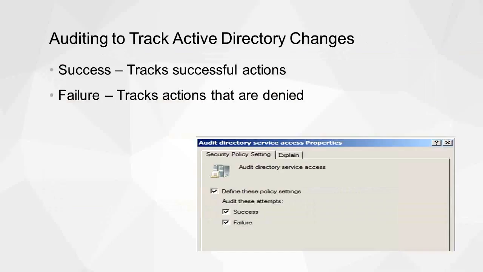I want to know if objects move in Active Directory, because if they move, they're going to get different group policy settings. Also, I want to know if group policy changes. I want to know if certain aspects of my environment change, like my password policy or possibly user rights. So it's not only the idea of basic objects in Active Directory. I want to know if anything in Active Directory changes.